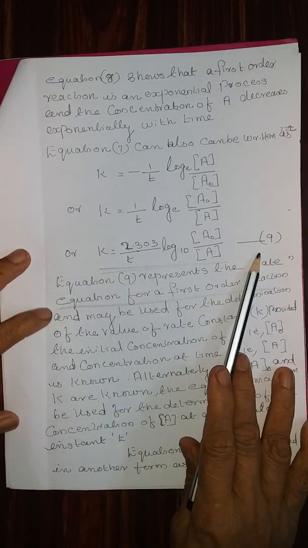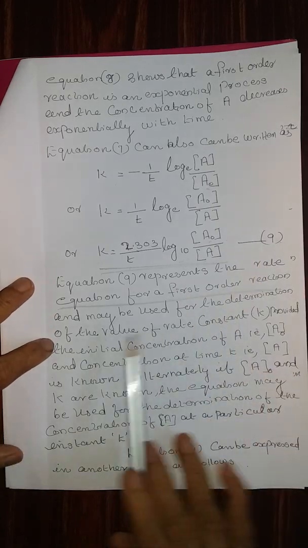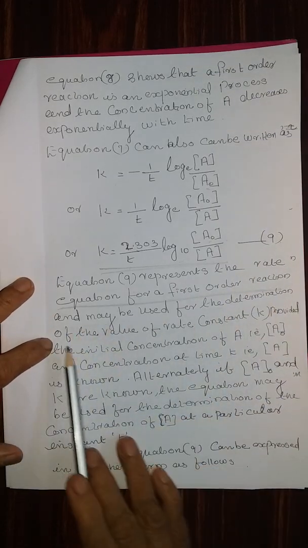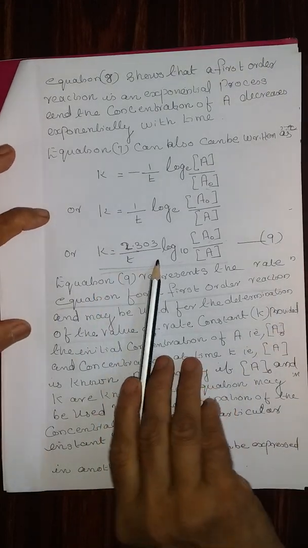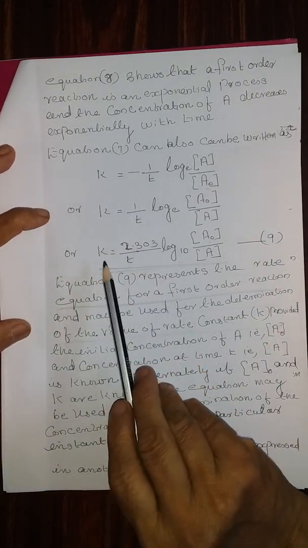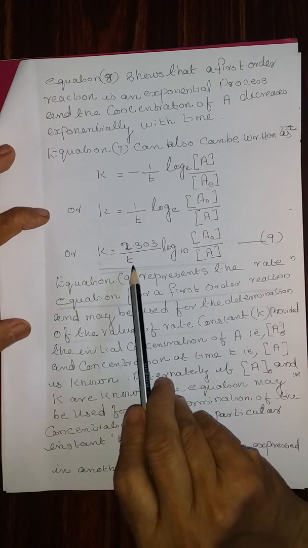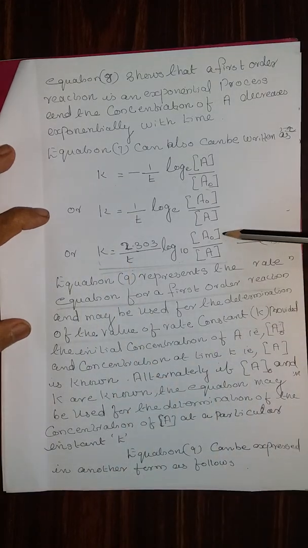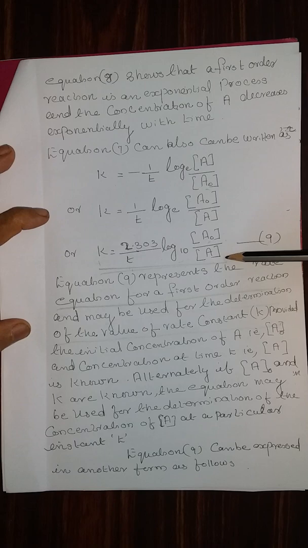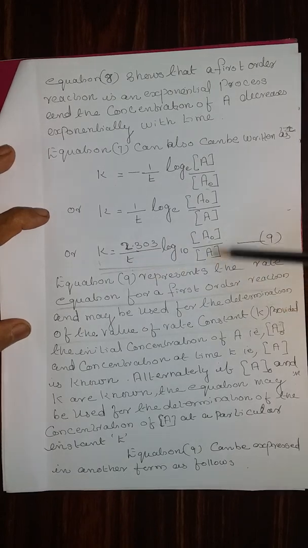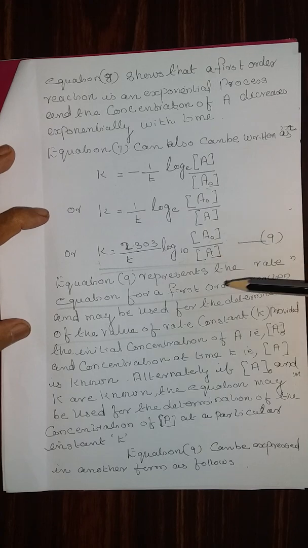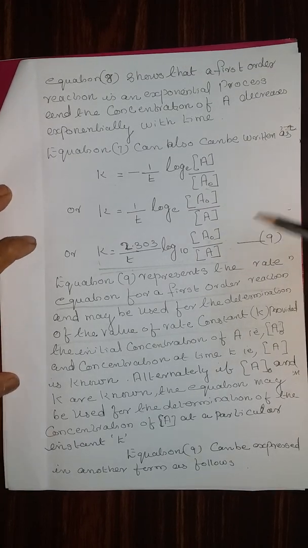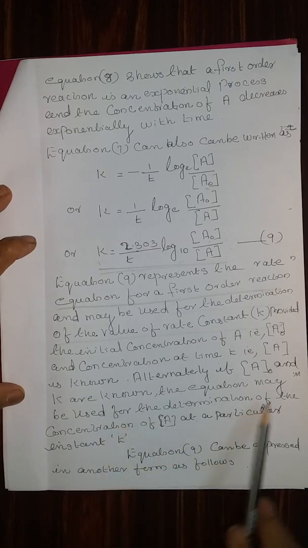That is the equation for the first order reaction, and it may be used for the determination of the value of rate constant. This equation can be used for the determination of rate constant or the time or the initial concentration or the final concentration after a time t, when all the other values except one are given, so that this equation is useful in solving the problem.